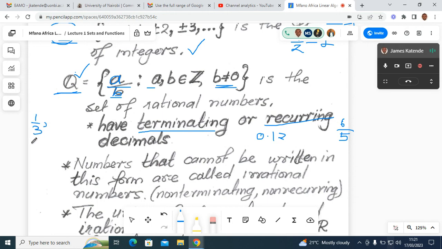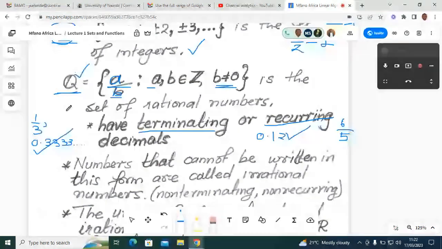But if you write it out as a decimal, it recurs. The 3 keeps repeating itself. So if you have a number that either recurs or terminates as a decimal, then that's a rational number. You can always express it in this form, where b is not equal to 0.